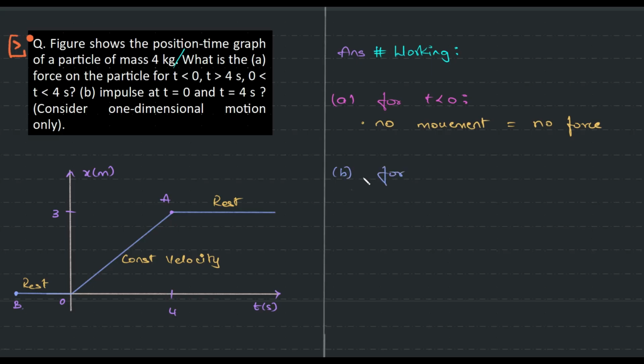For, oh sorry, it's the same question. For t greater than 4 second, what is happening over here? The object is at rest again, so no movement, and so no force.